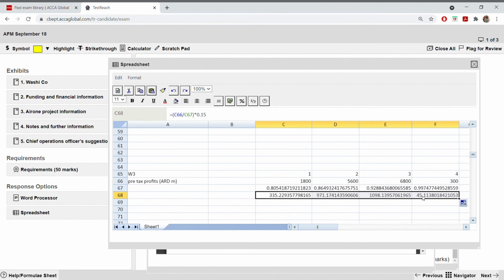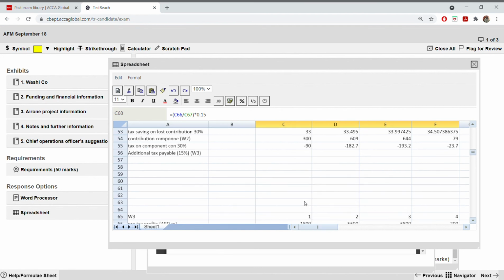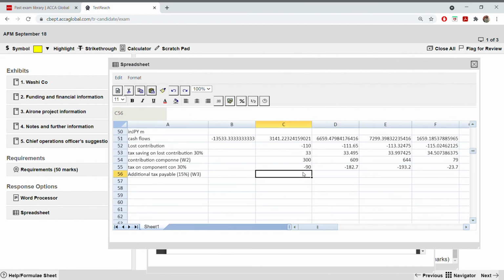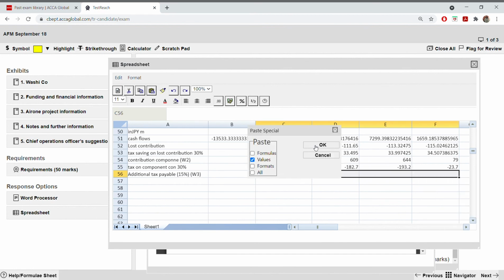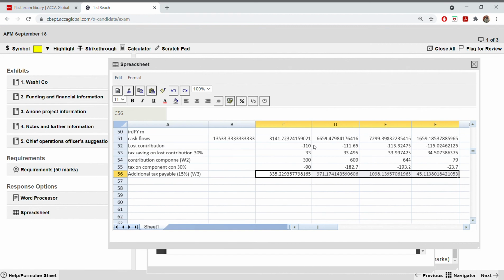So now just copy this to the cells, paste special, just the values. Okay, it will take the values.